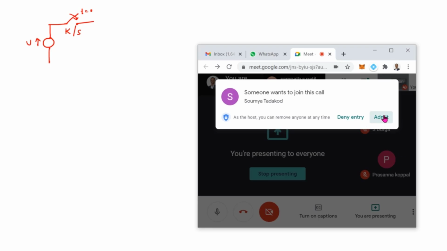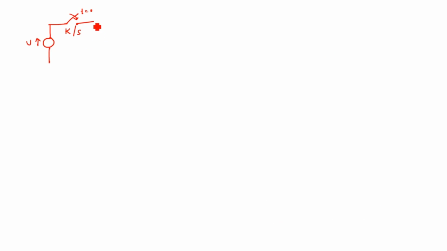Then let us say a capacitor is connected in between the switch at t equals 0. It can be represented with the help of K or S, any alphabet, and here the capacitor is connected. Alright, assume that the capacitor is initially uncharged.